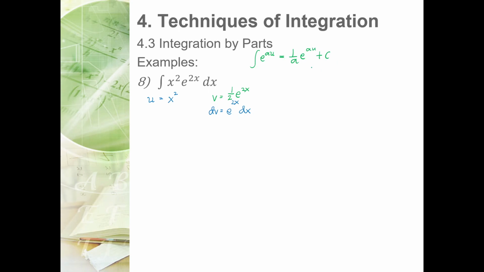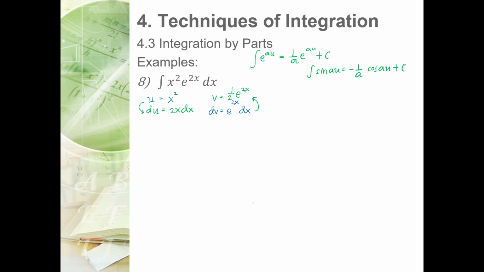This is the same concept as the integral of sine au, which gives us negative 1 over a cosine au plus c. So those are the same concept. Okay, so next is your du here. This one is 2x dx.